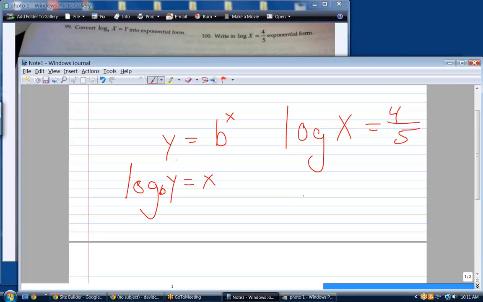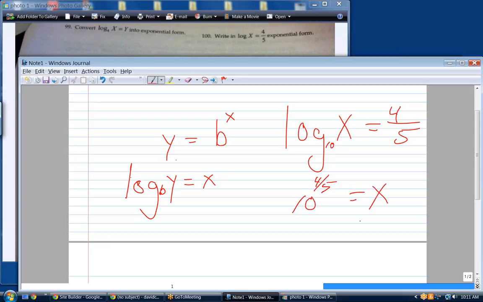Hold on, there's a 10 here. Oh, the 10. All right, so if you're going to use that little memorization technique, let's start the left side of this as 10 to the 4/5 equals x.